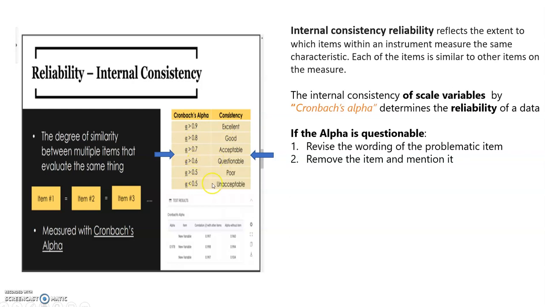So when you have this level, you have two options. First, you can revise the wording of the problematic item. Sometimes that can enhance the internal consistency, and also you can remove the item, and then you have to mention that. And you have this example in Level Assignment 4.